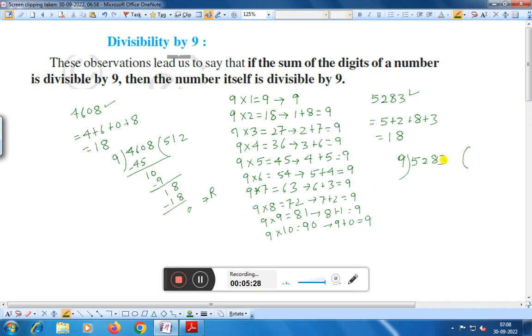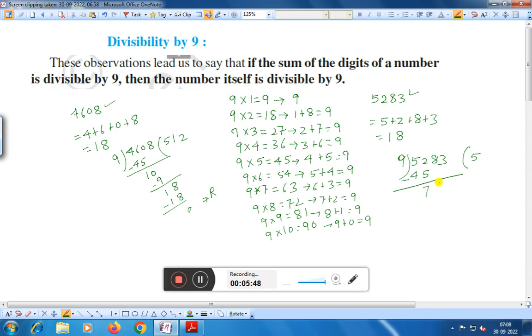The number is 52. 5 9 is 45. 52 minus 45 is 7.